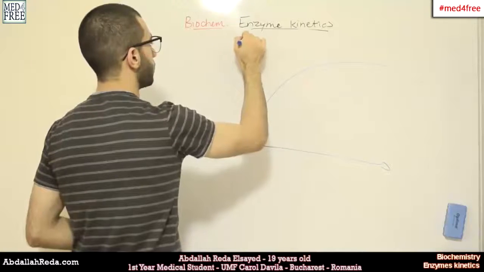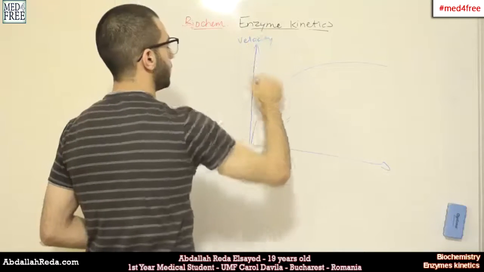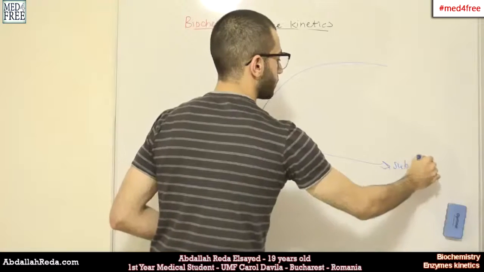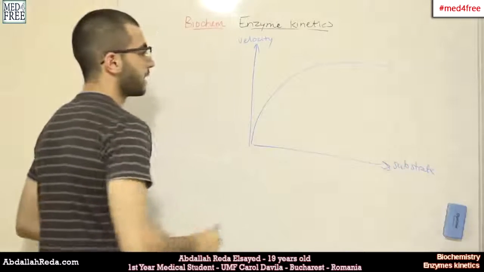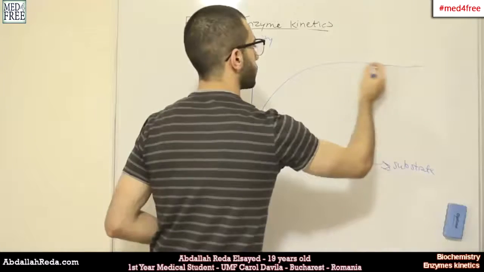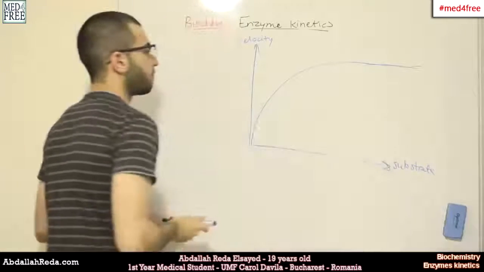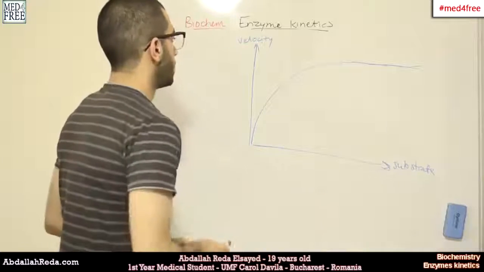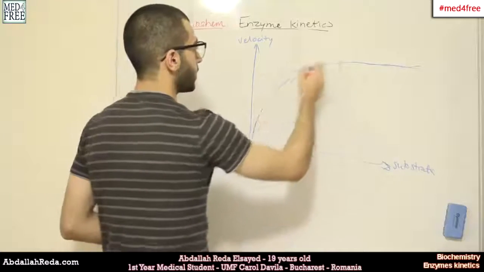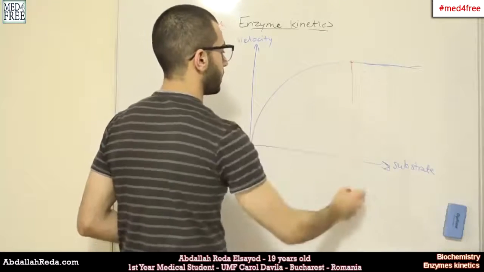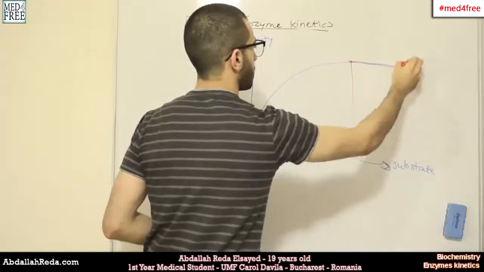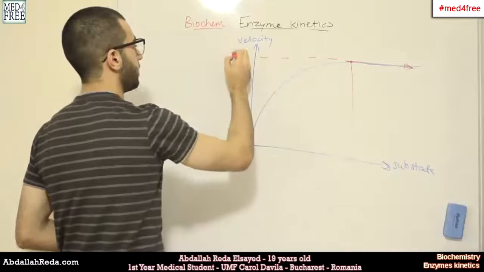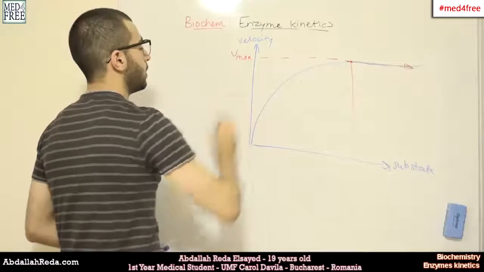This is the velocity, and this is the amount of substrate used. As we can see, as we increase the substrate, the velocity keeps on increasing till it reaches a certain point and then it stops and becomes constant. So this is the maximum velocity, the Vmax that we just mentioned.